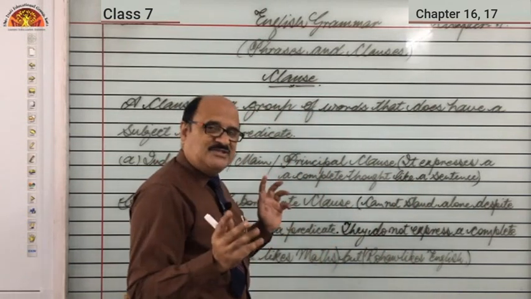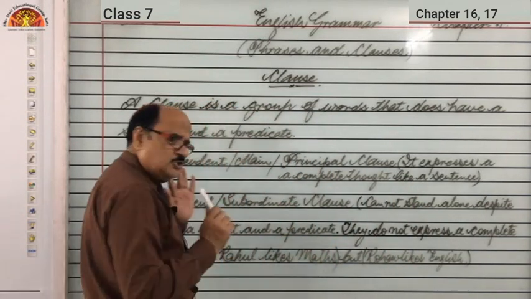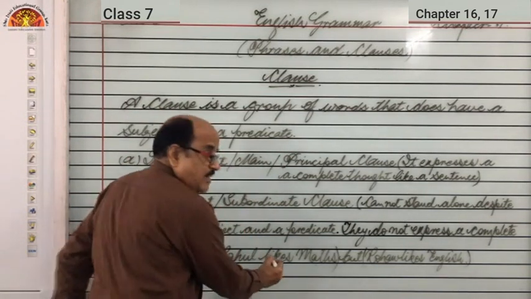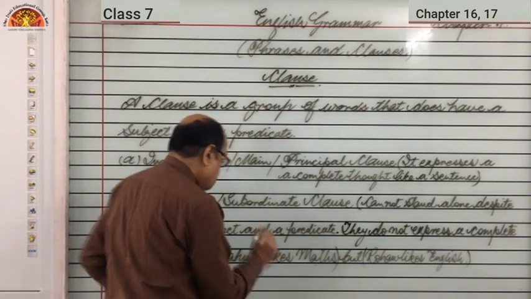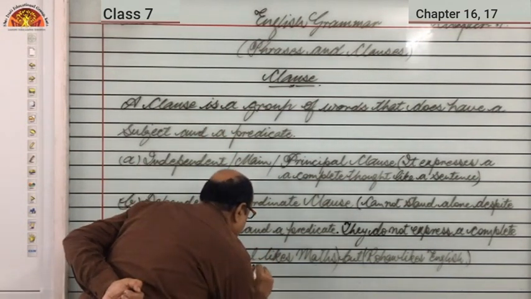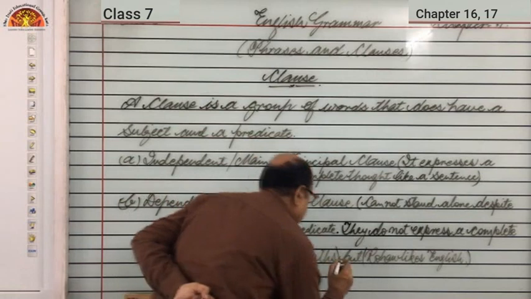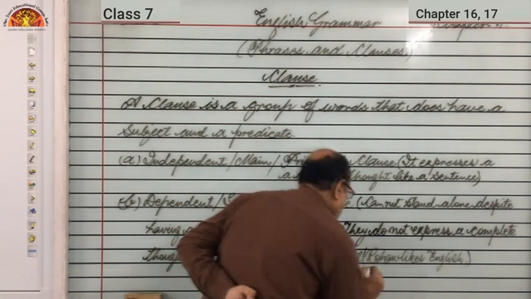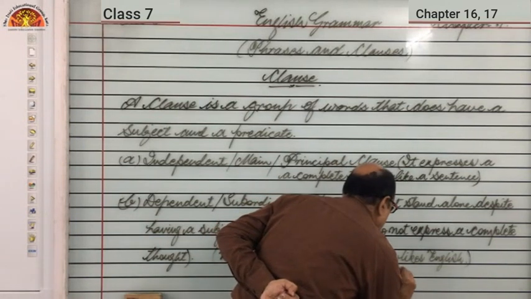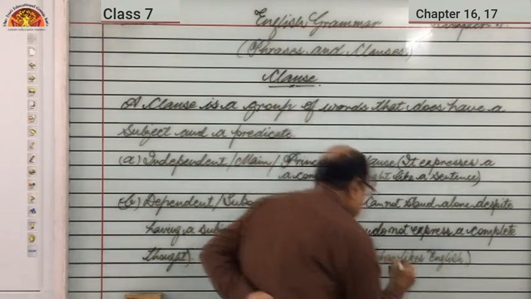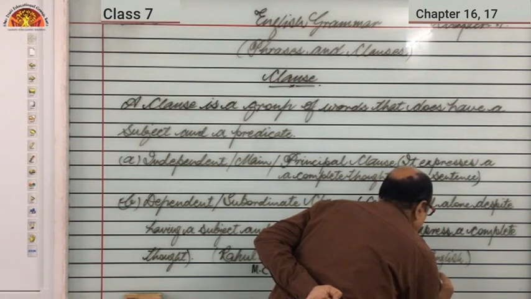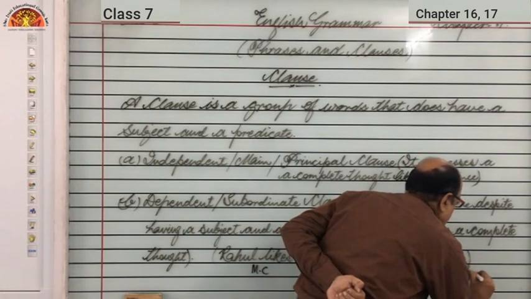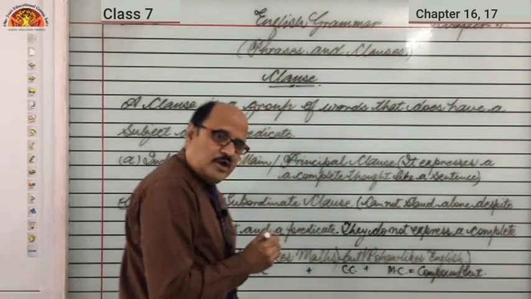So, this is a sentence now. So, students, we can say in short that main clause plus coordinating conjunction plus main clause is equal to compound sentence. Have you got it?